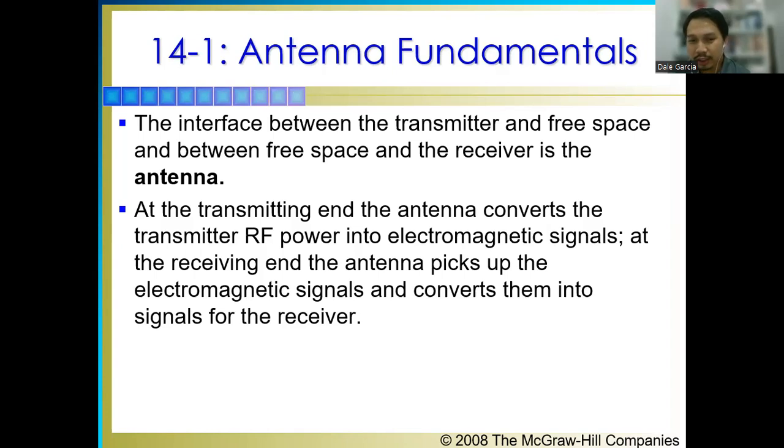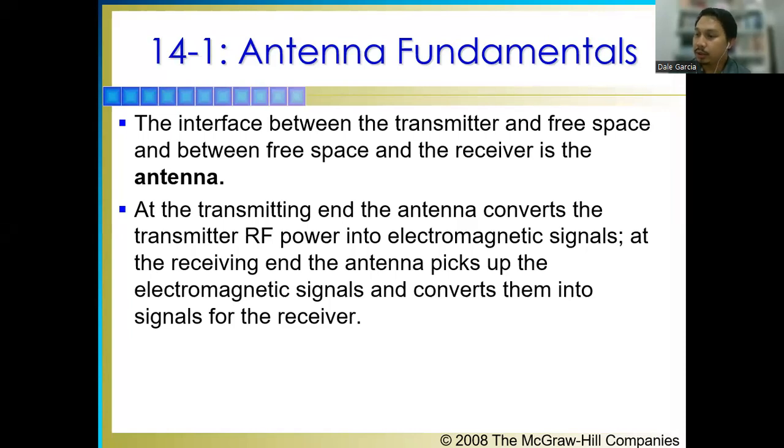In our case, a transducer is from electrical to something else, or something else to electrical. In this case, the antenna converts electrical energy to electromagnetic energy and vice versa.